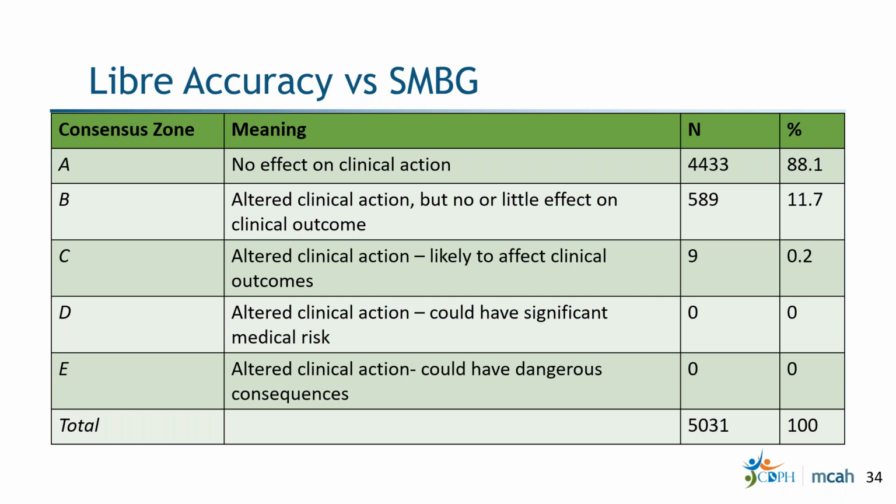If she knew it was 170, she'd give herself a little bit more insulin, but because it's saying 150, it'll be a little bit less. Can that have an effect on clinical outcome? Well, technically that could cause more hyperglycemia potentially, but it's also going to be impacted by level of physical activity and by what's eaten. And so really, that is zone B. And then you can see they all fell into those two zones with the exception of a couple of readings in zone C, or 9 readings in zone C, but only 0.2%.